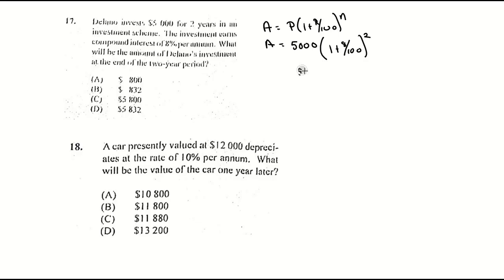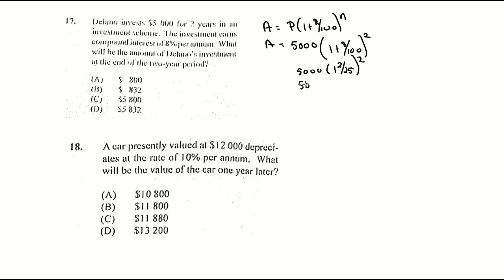So that's 5,000 by 1 and 8 over 100, which is 2 over 25, to the power of 2, right?